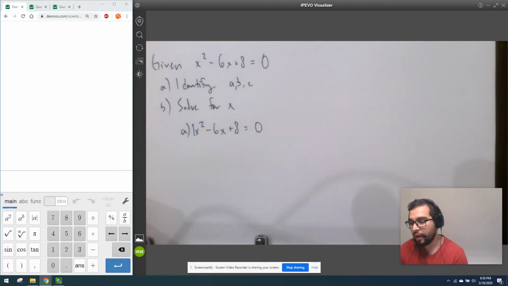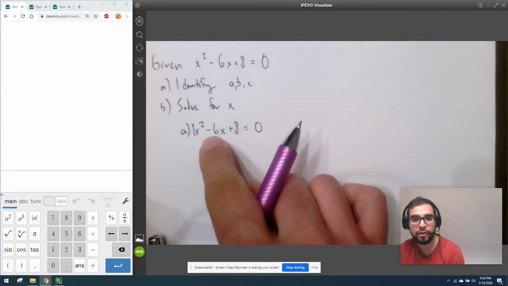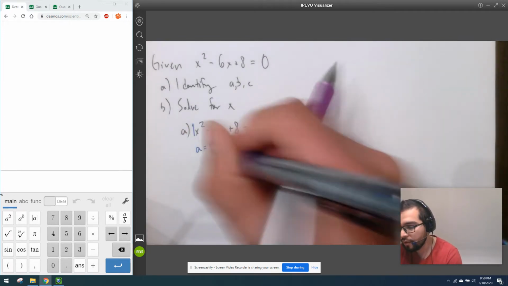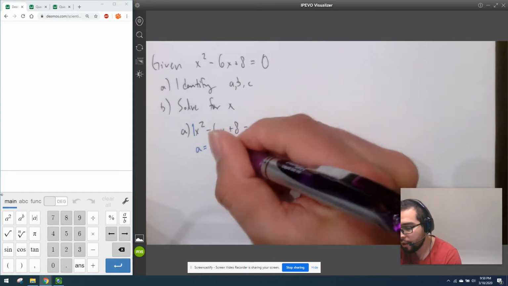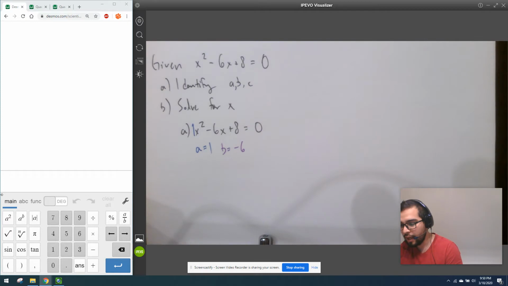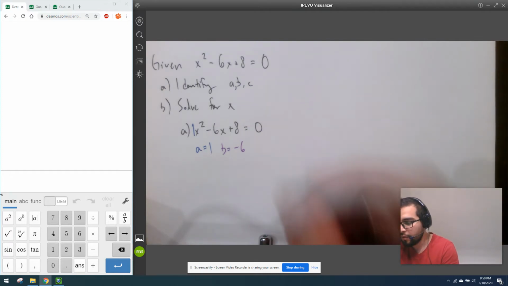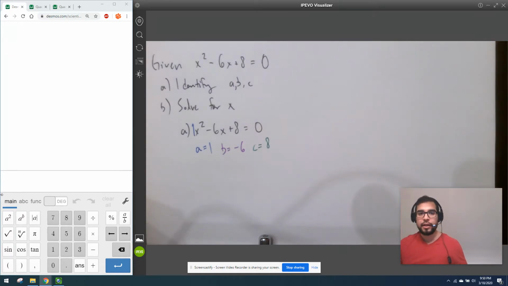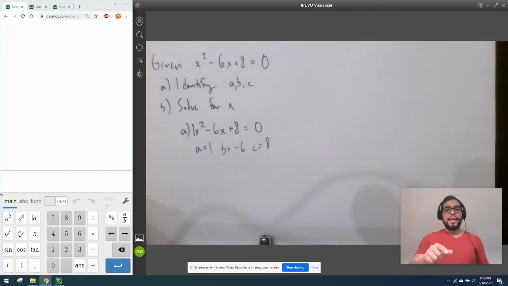Here, we have to make sure that we include our sign for b. So a is going to equal 1, b is going to equal -6, and c will equal +8.